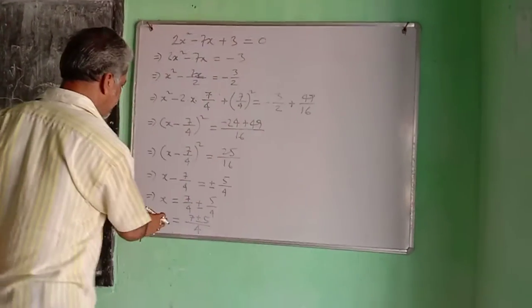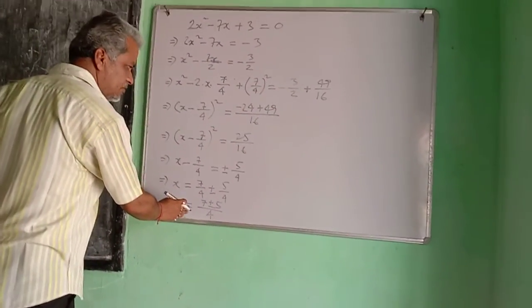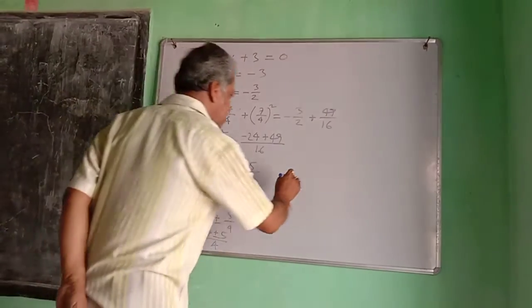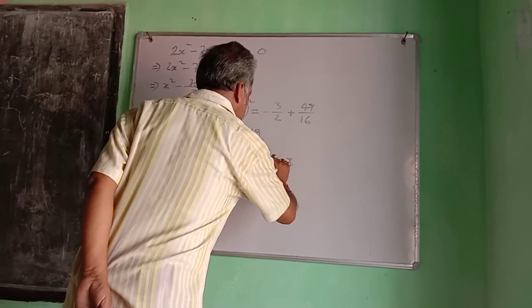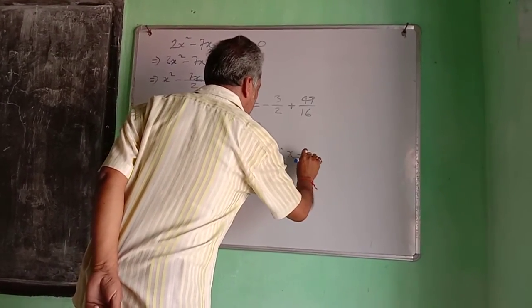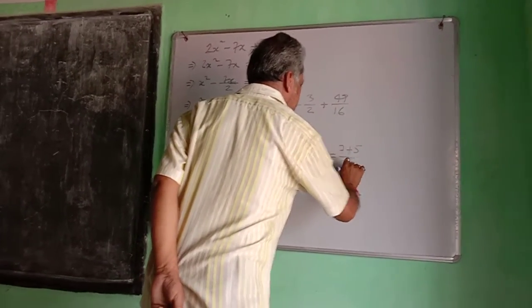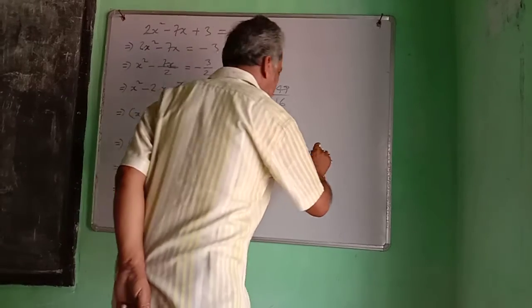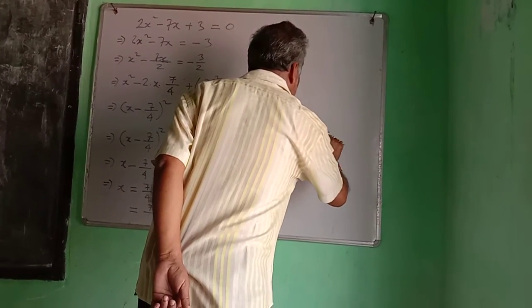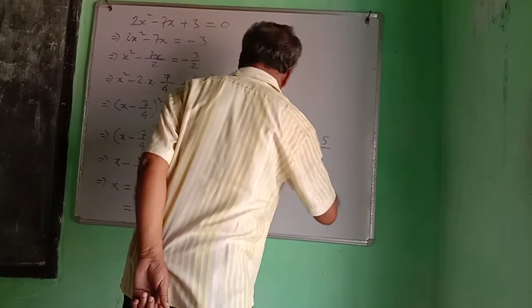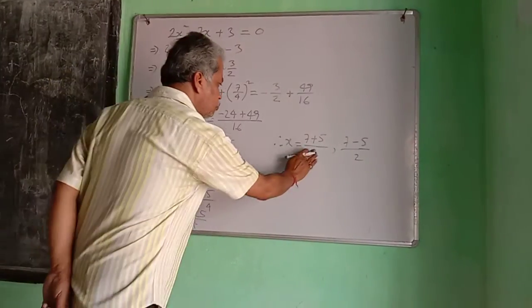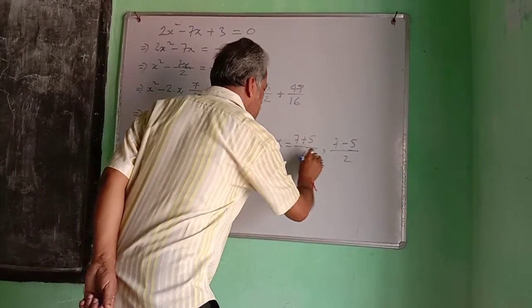So ultimately, what we get, x is equal to 7 plus 5 divided by, sorry, not 2, it is 4, and 7 minus 5 divided by 4.